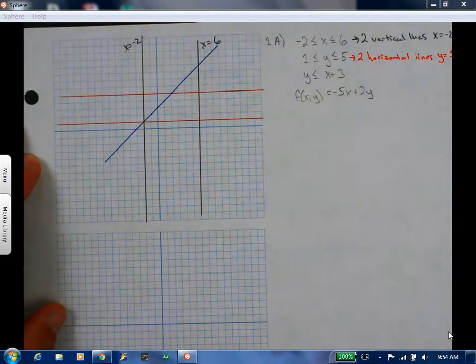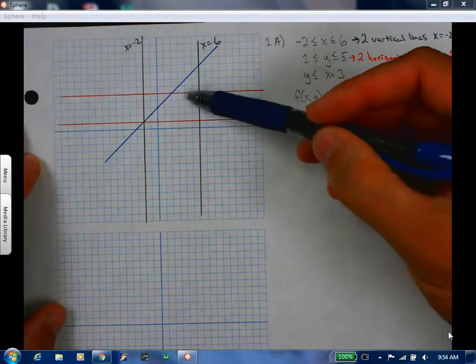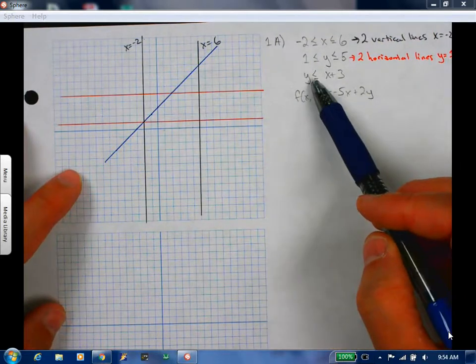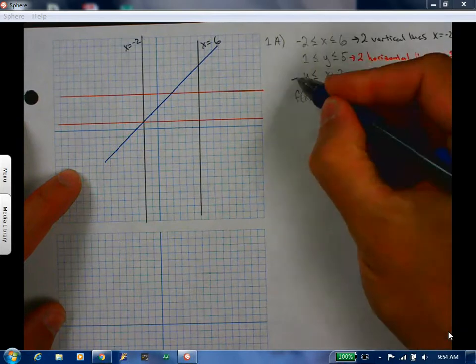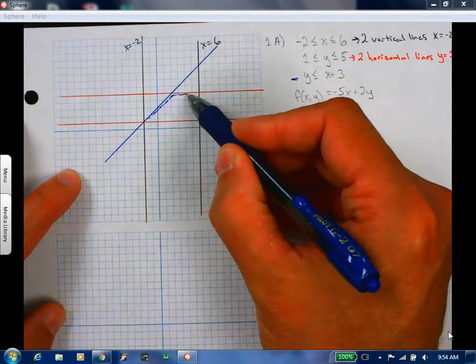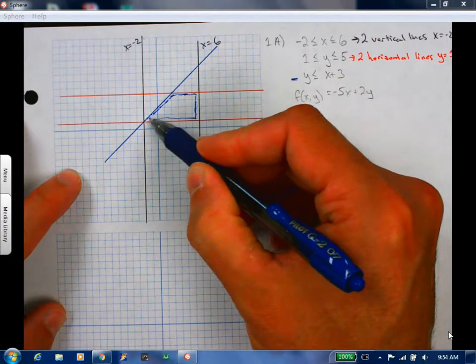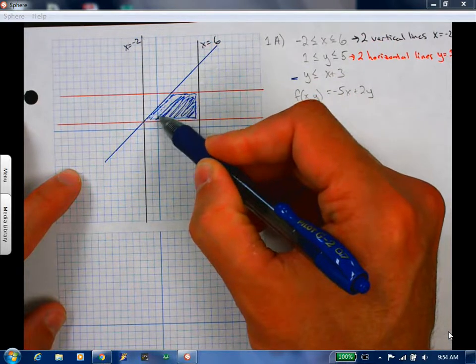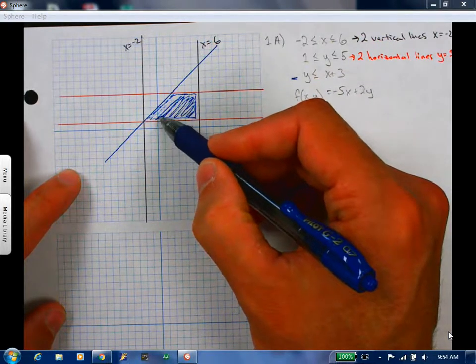So which triangle do we use? None of them. We have to be between the horizontal, between the vertical, so it has to be in this rectangle. Look at this one right here, and you see how it's less than? So less than would put it right here. Wait, no. Negative.